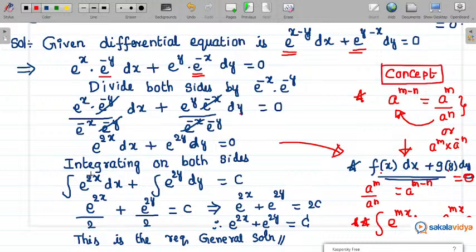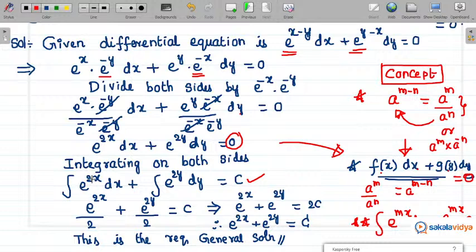So now integrating on both sides, integral of e power 2x dx plus integral of e power 2y dy is equal to the integral of the constant term, c. Now we have a very, very important formula in integration: integral of e power mx dx is e power mx by m plus a constant of integration. This is indefinite integration.